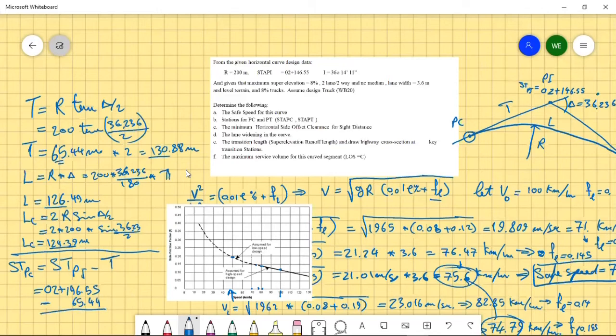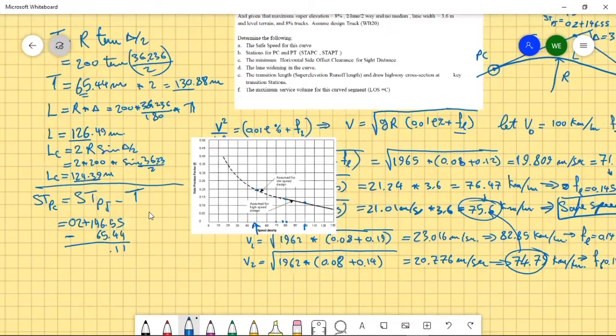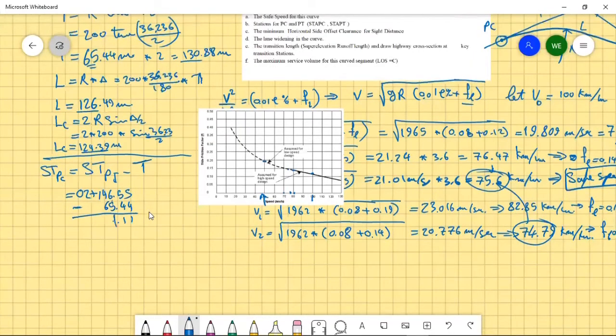So here we have 2 plus 081.11. So that's the station for the point of curvature. What about if we add plus L, L is how much? 126.49.